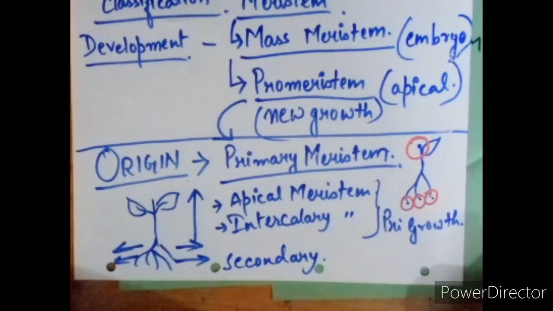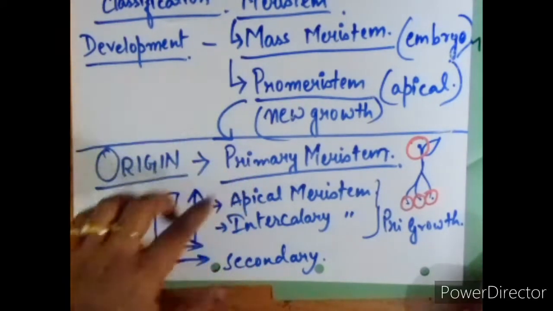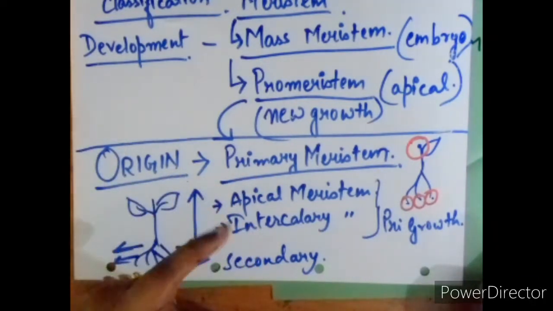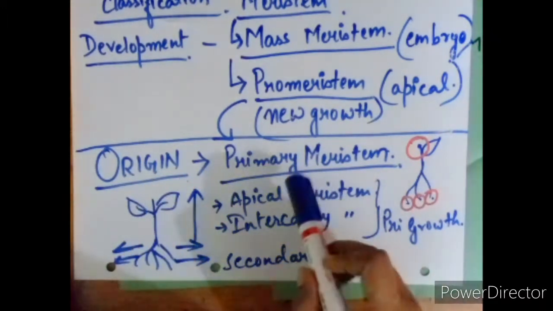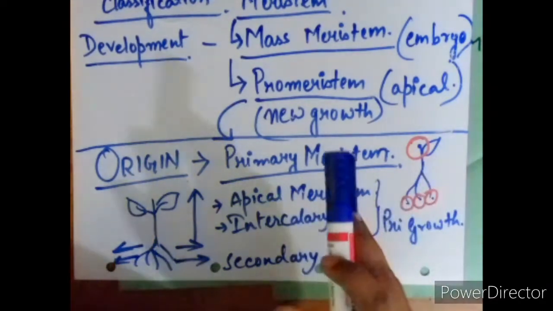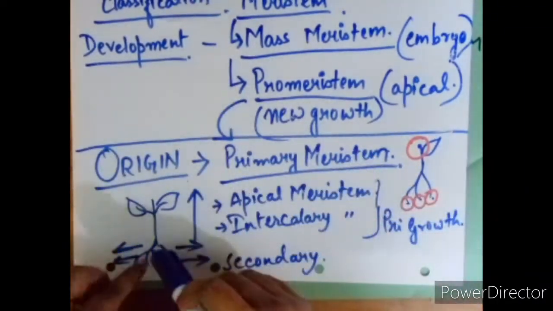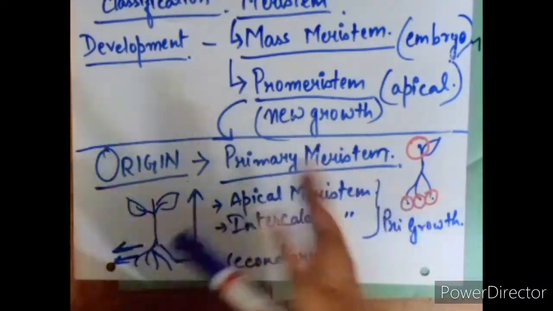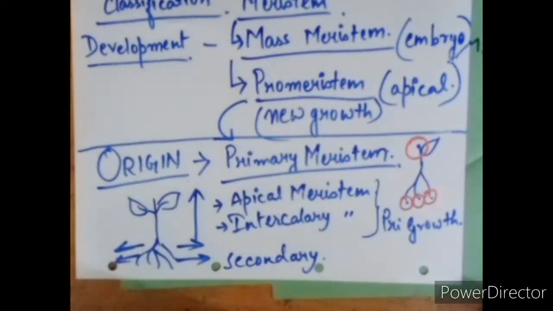Primary meristem comes from the promeristem, which I have discussed before, and this primary meristem includes three areas: apical meristem, intercalary meristem, and intravascular meristem. Now apical meristem and intercalary meristem are mainly concerned with the primary growth of a plant, that means lengthwise. And if we are talking about the girth, the breadth, the width of the plant, then it is secondary growth, for which the two meristems involved are vascular cambium and intravascular cambium.